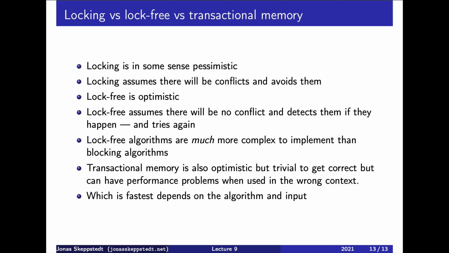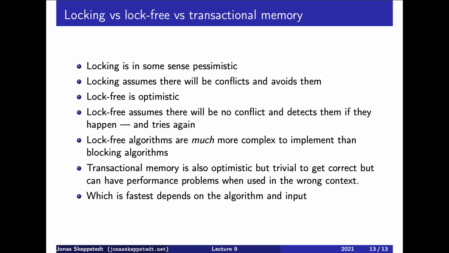And okay, so why don't we always use lock-free algorithms? There are two reasons. Lock-free using atomic variables can be slower than using normal variables protected by a lock.